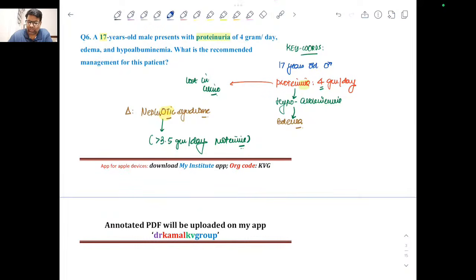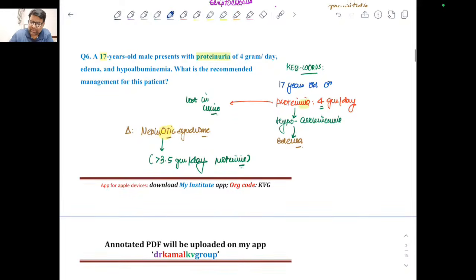So here, because of loss of protein, the level of proteins in the body will decrease, and as a result of that, there will be generalized edema. So that's nephrotic syndrome. Now the question is about a 17 years old child. In 17 years old, the cause of nephrotic syndrome is minimal change disease.